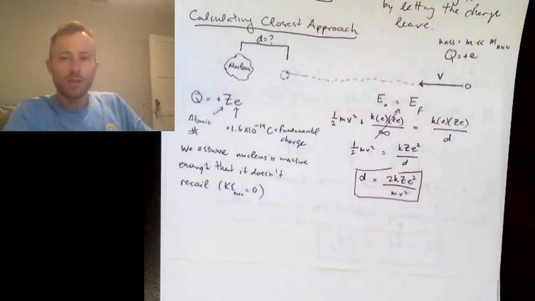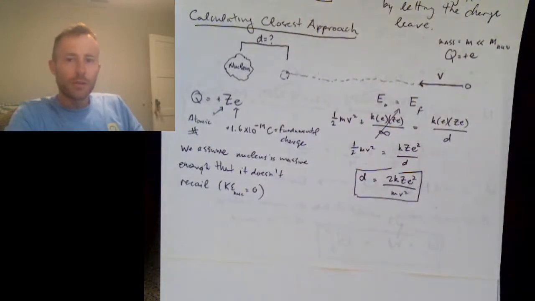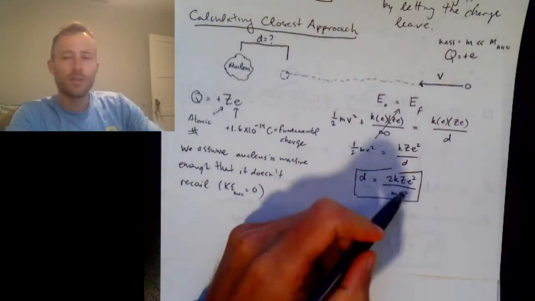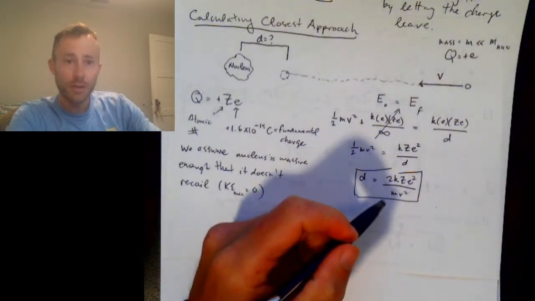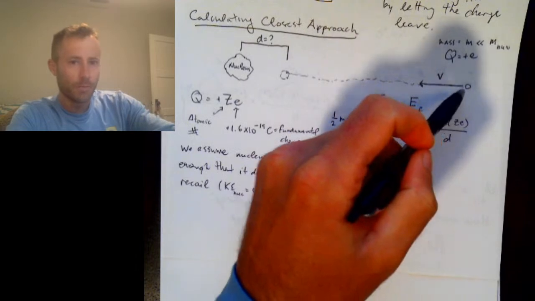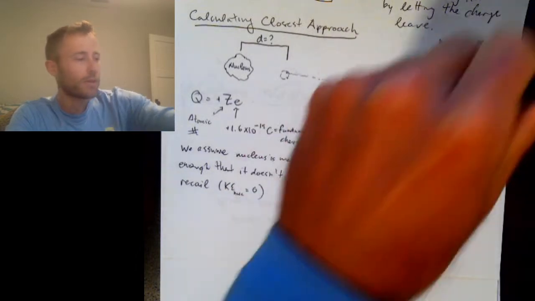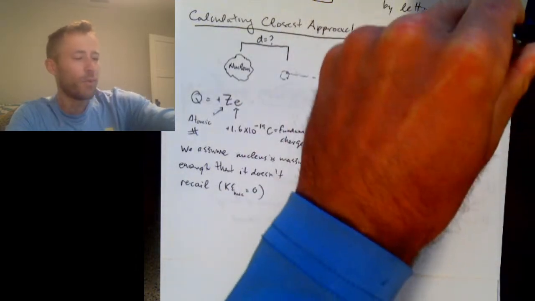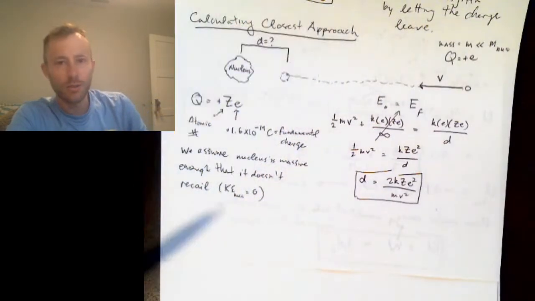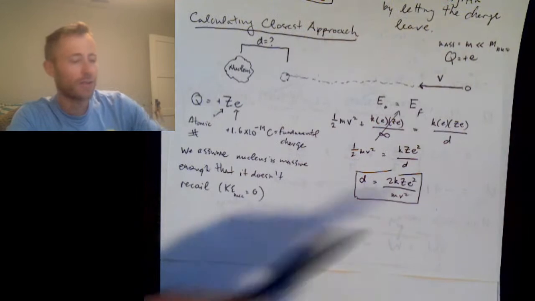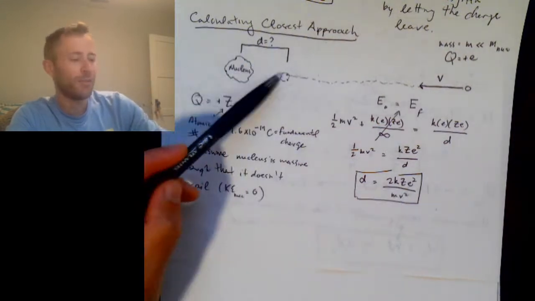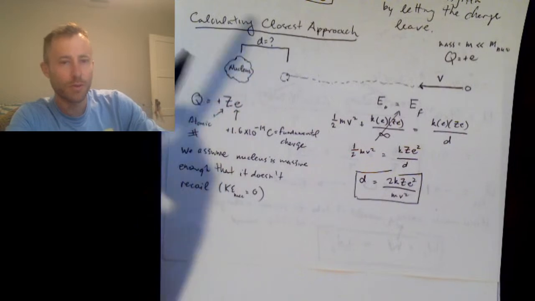That's how close it's going to get. This equation makes a ton of sense to me. As the mass and the speed of the approaching particle increase, it has more momentum, which allows it to get in closer. d is going to be smaller.